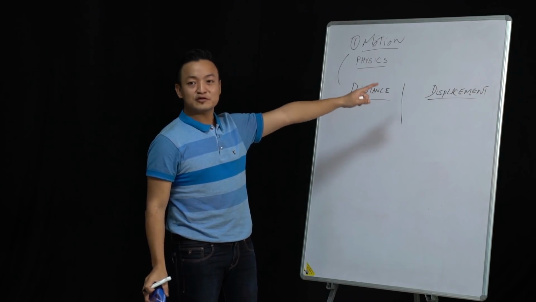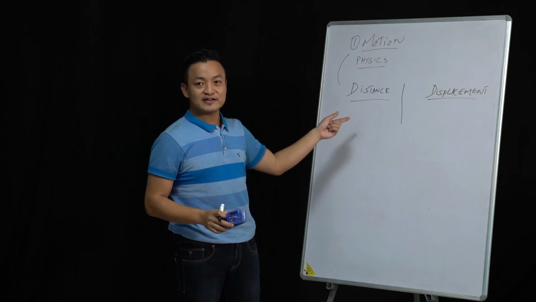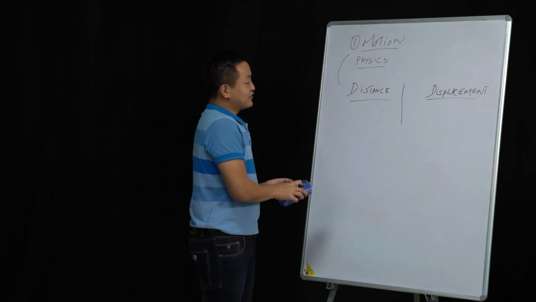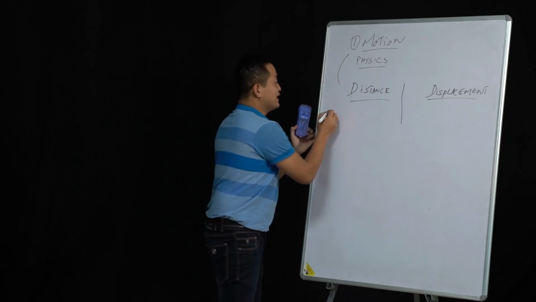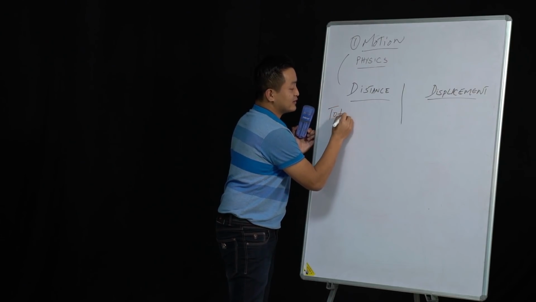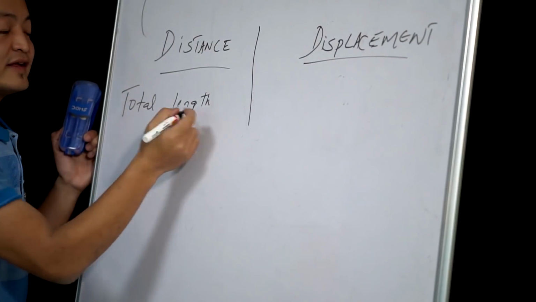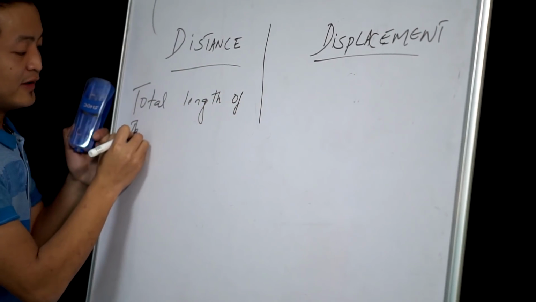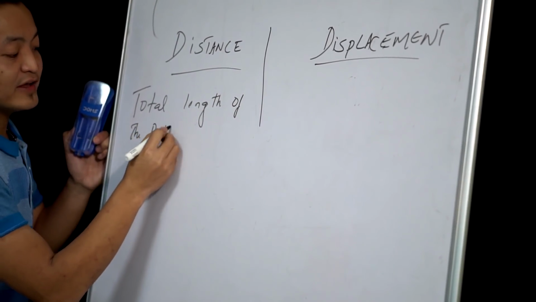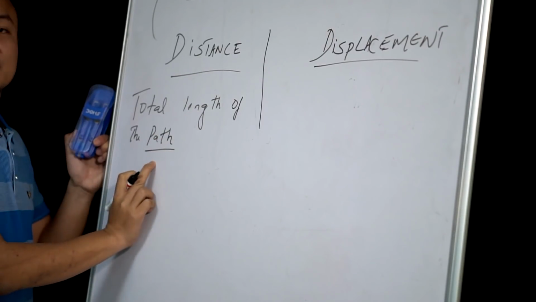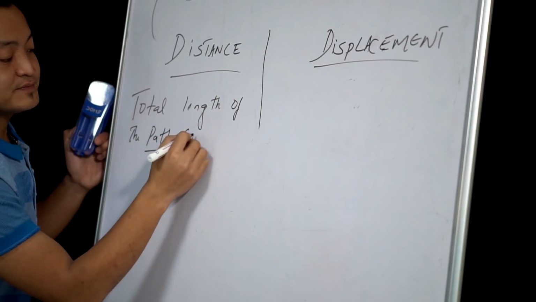Displacement is also not a new word for you, but how does physics define them? Clear? So the definition for distance would be the total length of the path, P-A-T-H, covered.